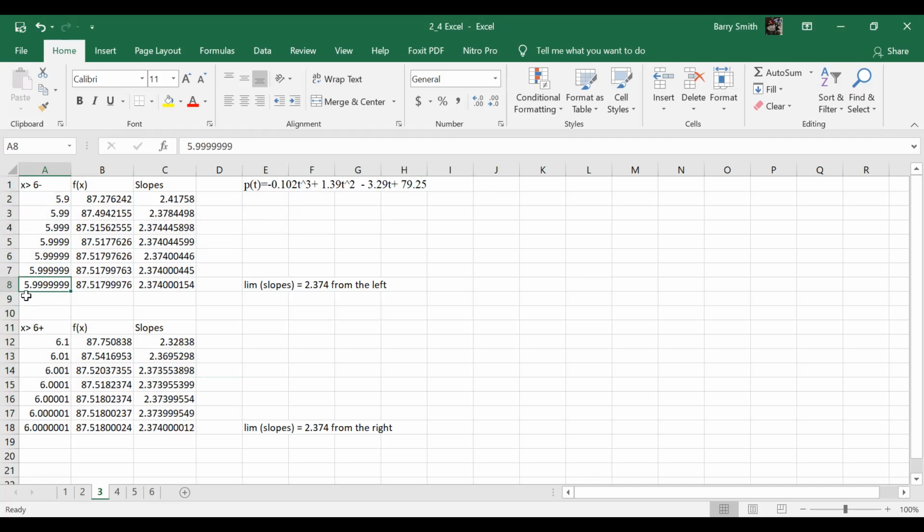The nice thing is, if we get down here and it hasn't been going the same for several in a row, we can put a couple more rows here and do more calculations, because those are going to copy down. We don't have to worry about typing these in, because if I decided to put in 5 point and then 1, 2, 3, 4, 5, 6, 7, I don't know how many I need in there.